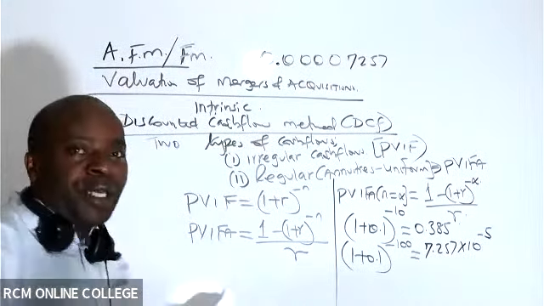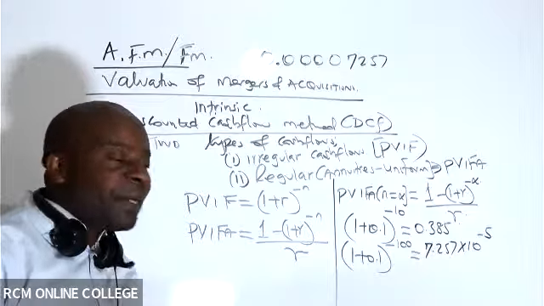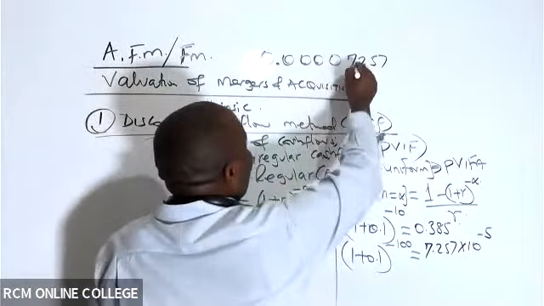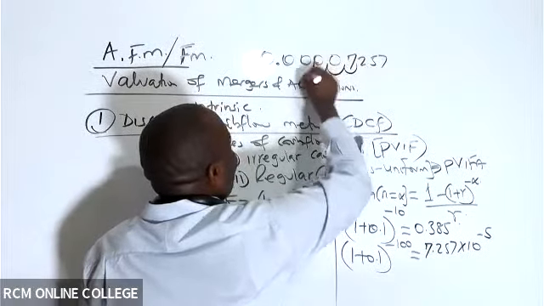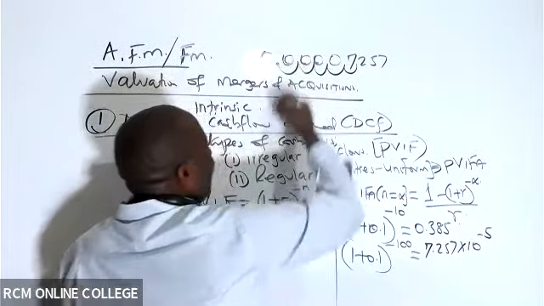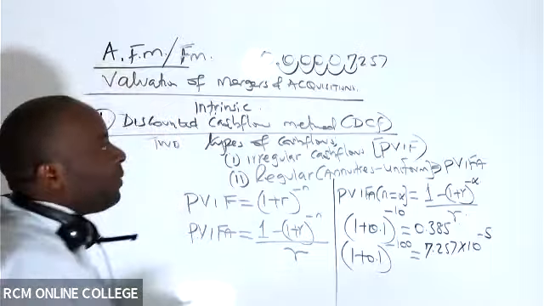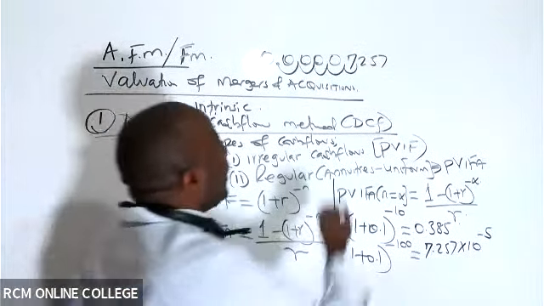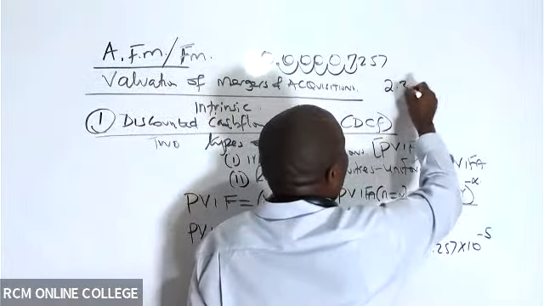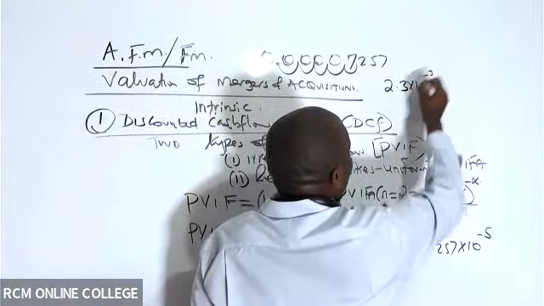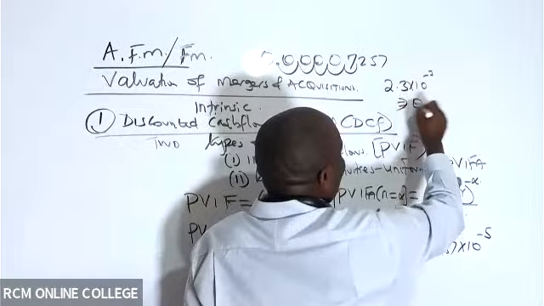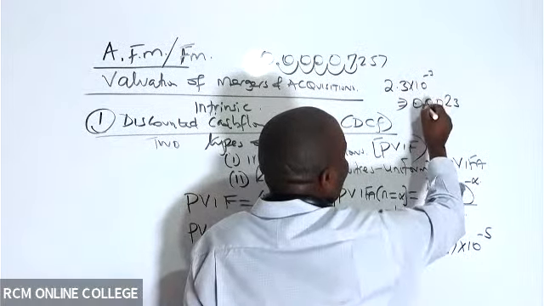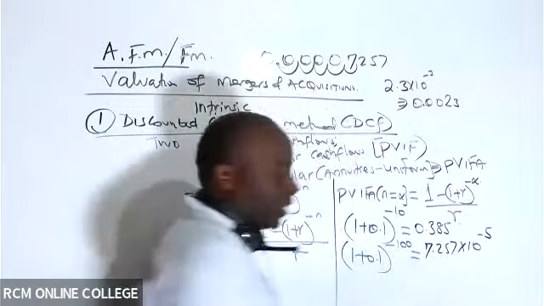It depends on the high school that you went to, ladies and gentlemen. There are people amongst ourselves who are counting these things from here, 1, 2, 3, 4, 5. It doesn't matter. But the professional way of writing this, if, for example, you're given 2.3 times 10 raised to negative 3, you simply write 3 zeros before 23, and then you put a decimal like that.